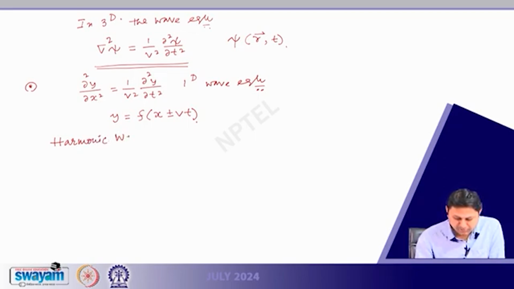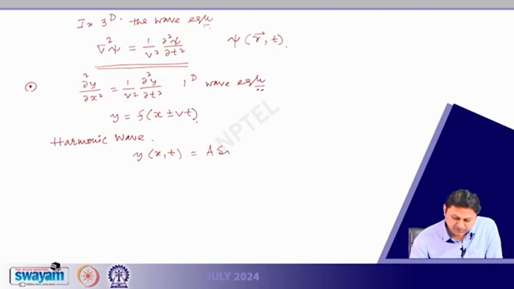Harmonic function that represents a harmonic wave. So what is the harmonic wave? y should be a function of x and t, and the solution of this wave equation should have the form of a sine or cosine function.